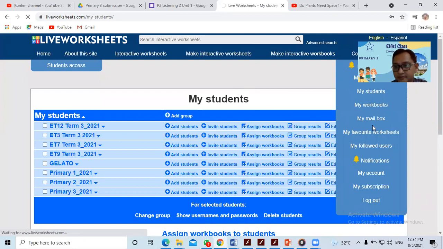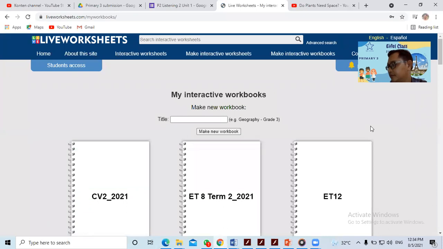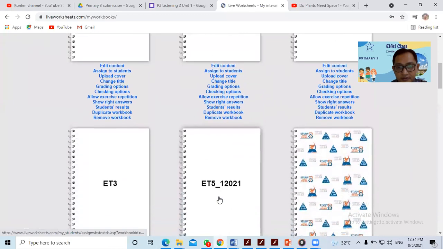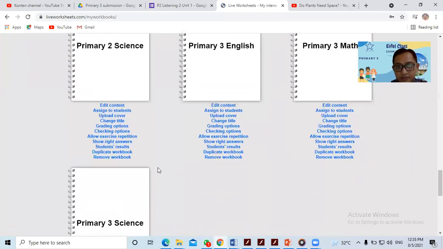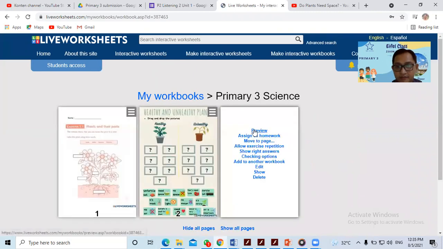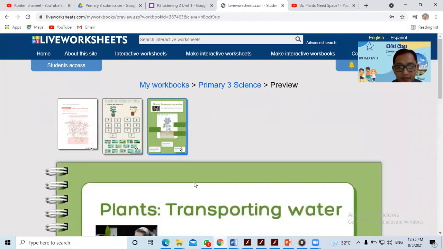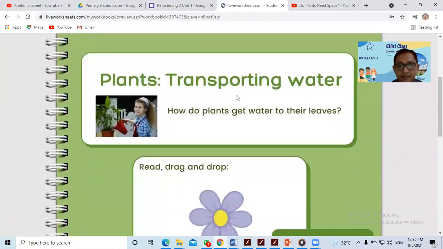Okay, let's take a look. Primary 3 science, I mean. And then choose the recent page. This one. You can click, and then Plants Transporting Water.